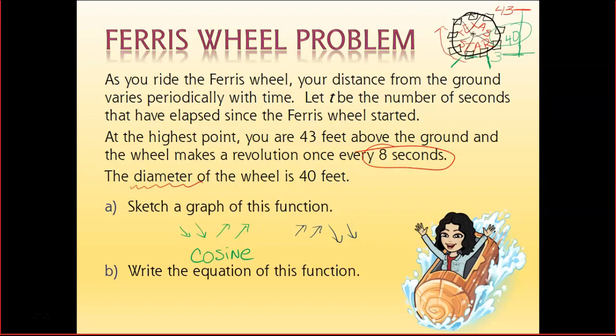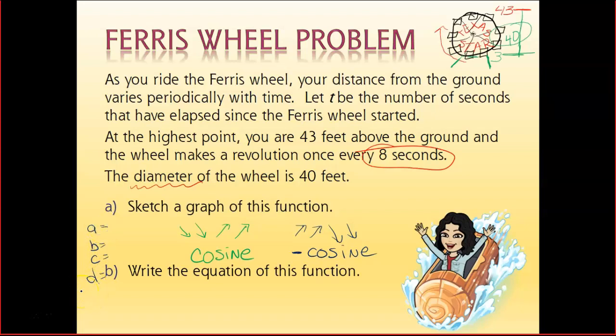What can I do to flip my graph from going down, down, up, up? I can use a negative. So since it's exact opposite, I can write a negative cosine function. Oh my goodness, this is the greatest. Okay, so now we still need to figure out my A, my B, my C, and my D.